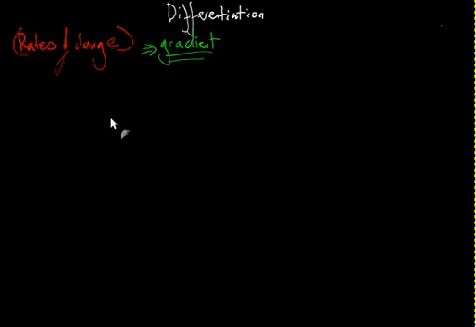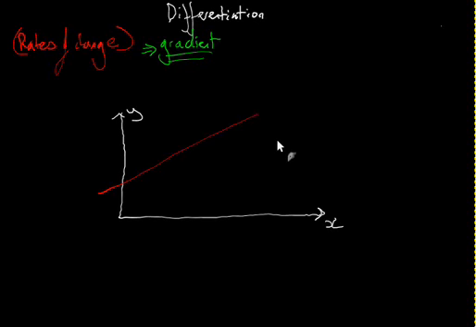So, what do we mean by a gradient? Well, it's best discussed through an example. So, if we draw a set of axes, label them y versus x. Let's draw a function, the simplest function we can think of, so a straight line.